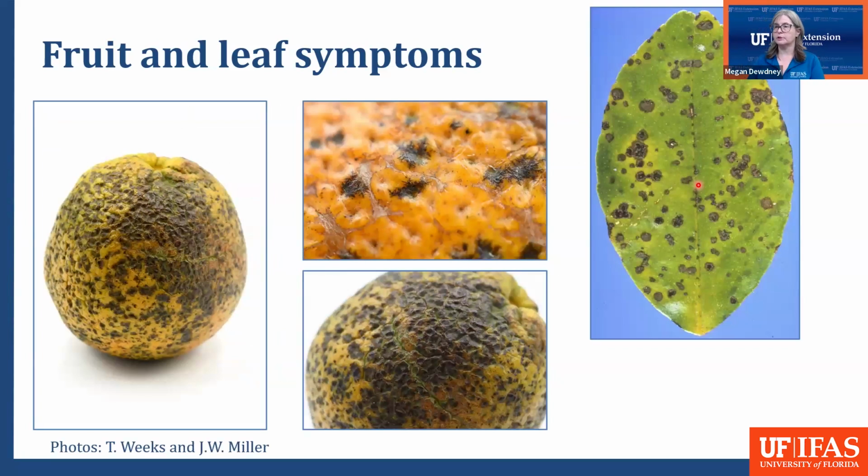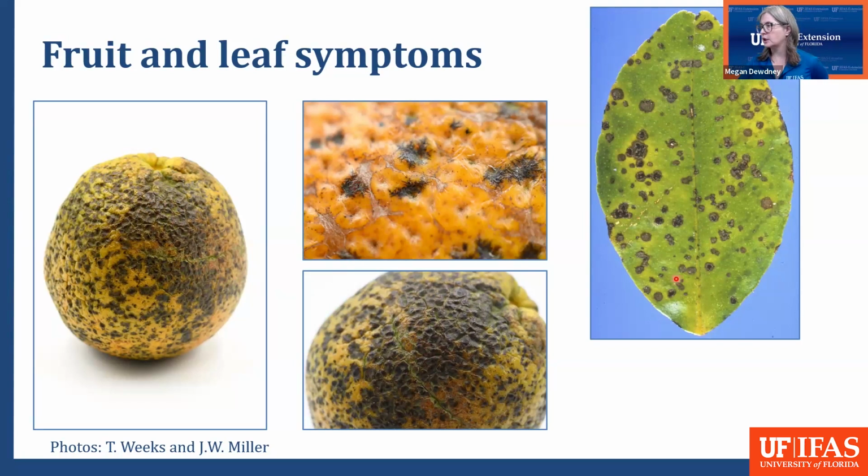So here's what the fruit lesions look like at a distance. And here's where you get up close. You can see that this is quite an old piece of fruit. It's kind of an alligatory skin. It's a little bit soft. And it was definitely an off-season fruit. I found this particular piece of fruit when we were picking a harvest for an experiment, and this one was not in line with all the other fruits.